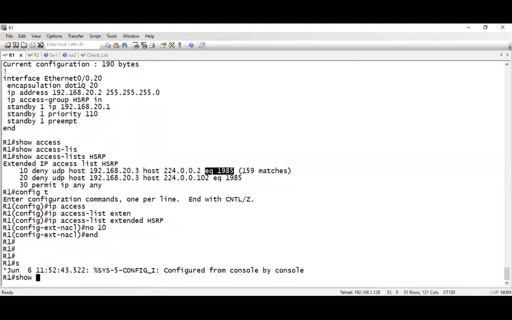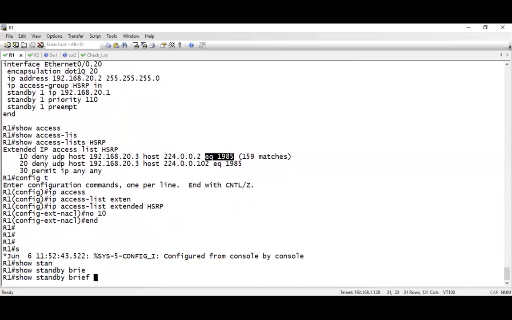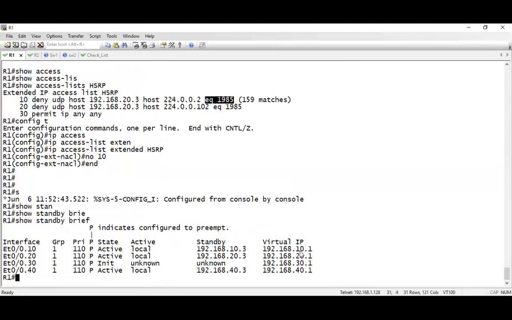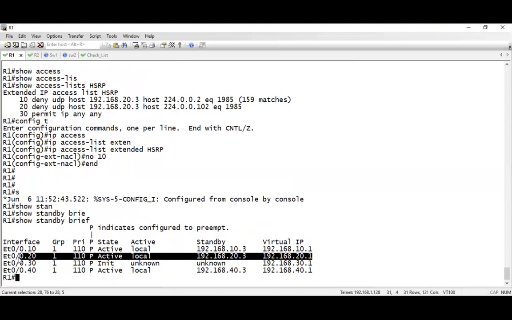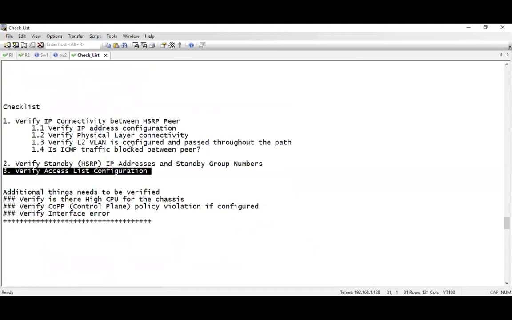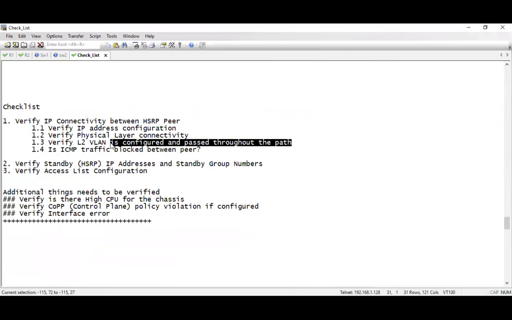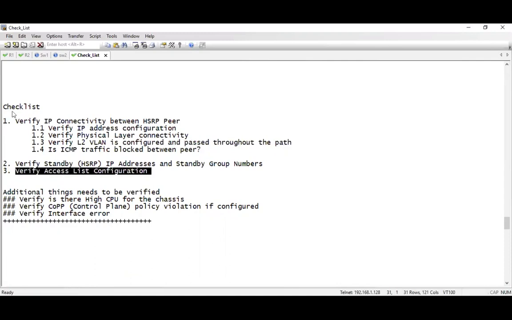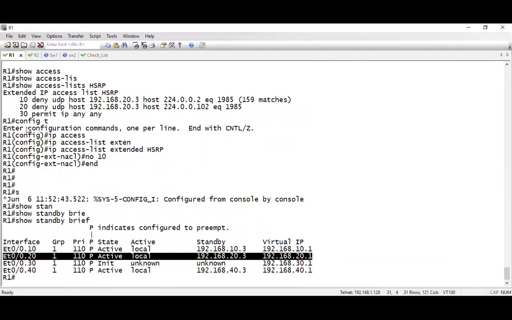Now let me verify with show standby brief. Okay, it has started working. So in the first scenario, we noticed there was no layer 2 VLAN configured on switch 2. In the second case, we noticed the access list was dropping HSRP packets on R1.